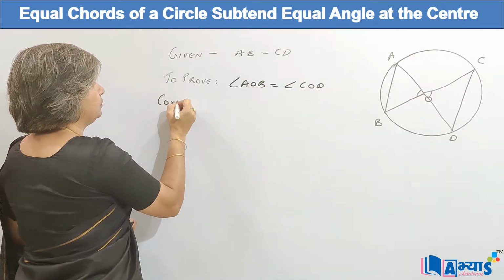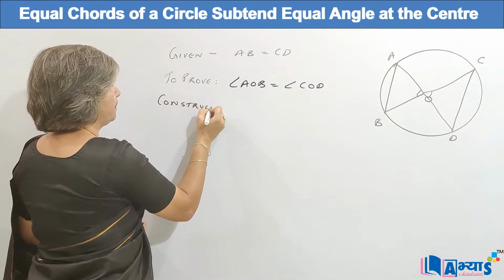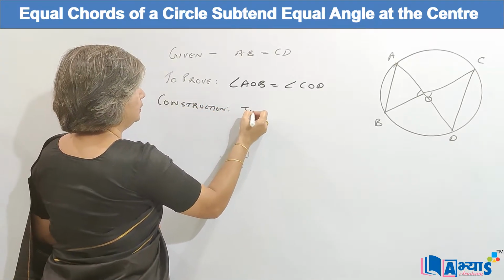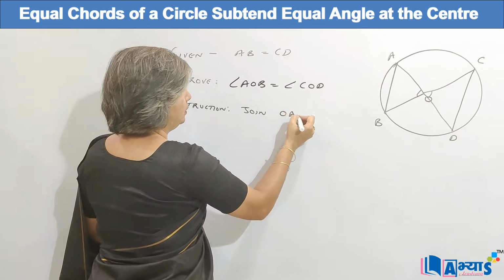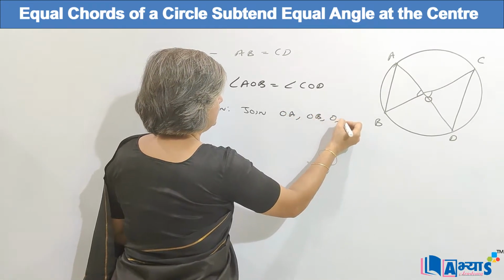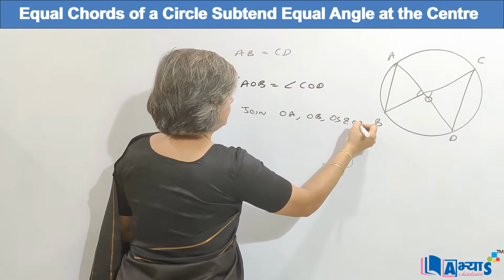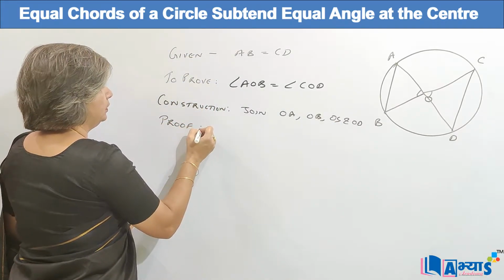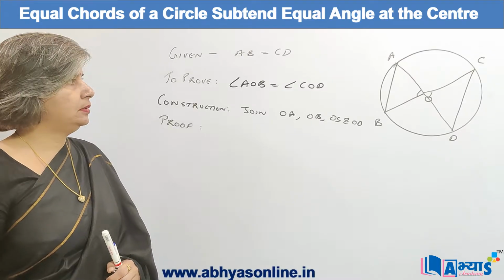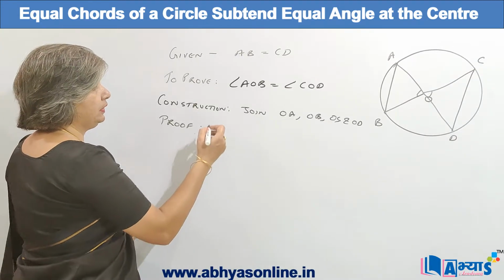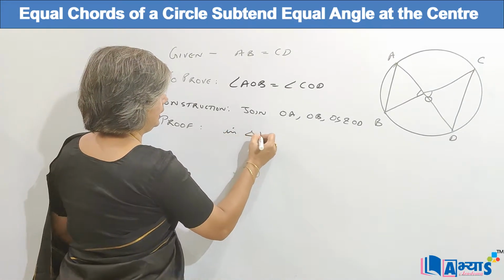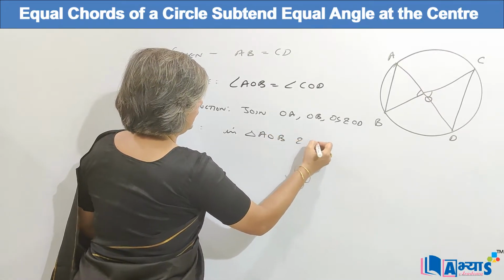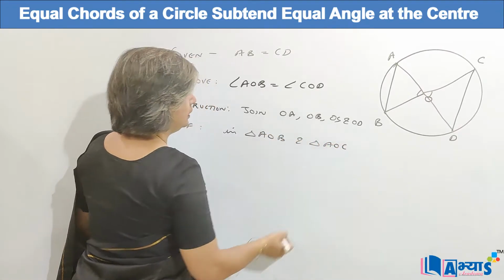For this we will do some construction. Join OA, OB, OC and OD. Now to prove that the angles are equal, we will take the triangles, triangle AOB and triangle COD.